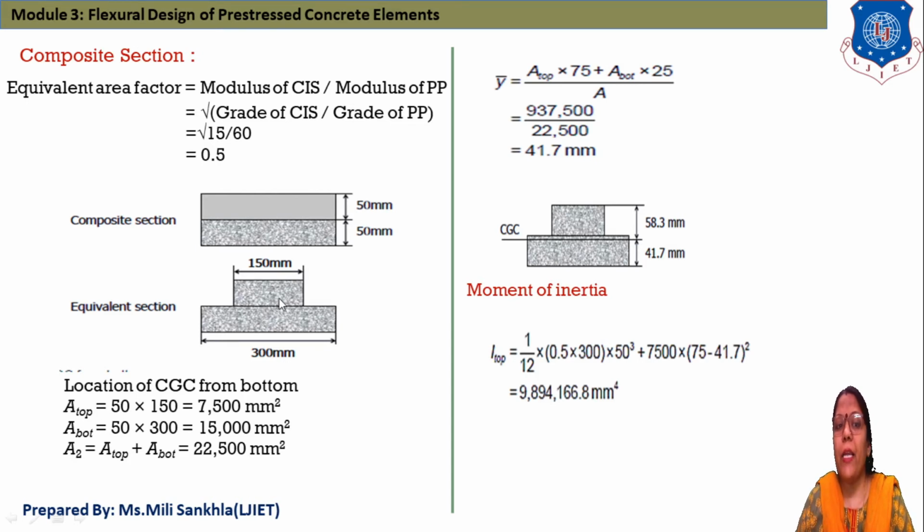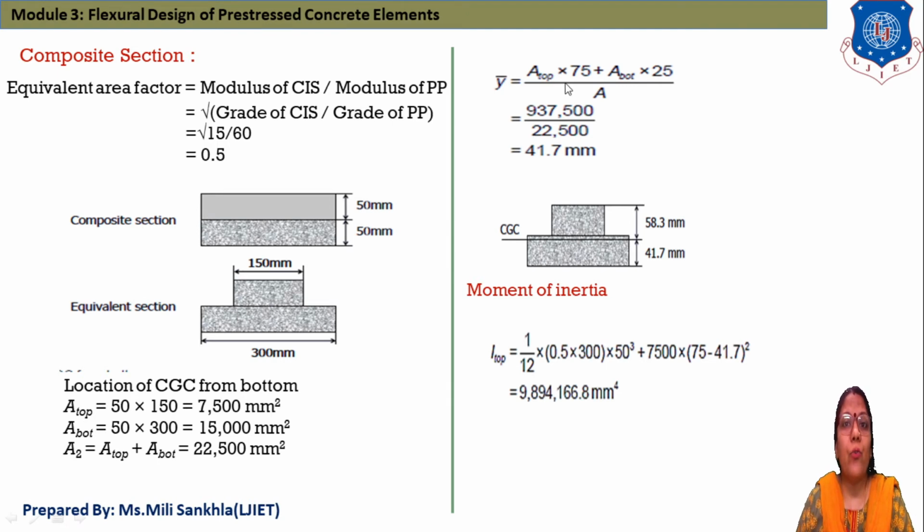At the top the area is 50 into 150, and the bottom area is 300 into 50. The total summation of top and bottom is 22,500 mm square, the area of the equivalent section. We find the area of the equivalent section, then Y bar and inertia. Now we find Y bar.